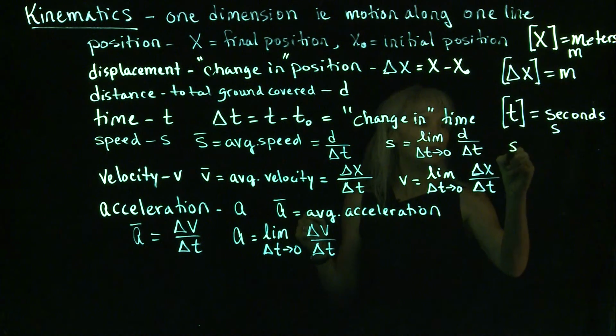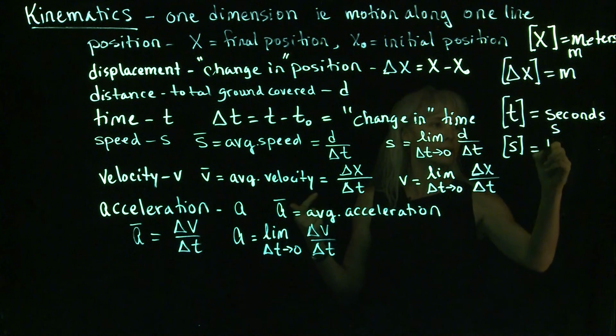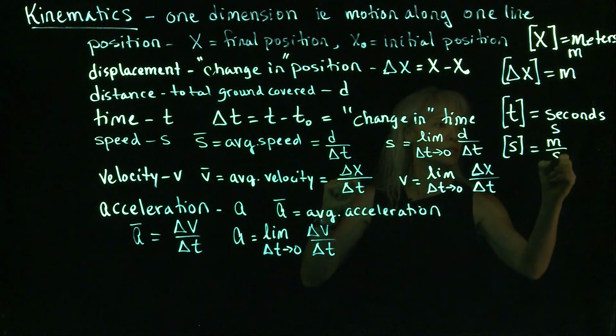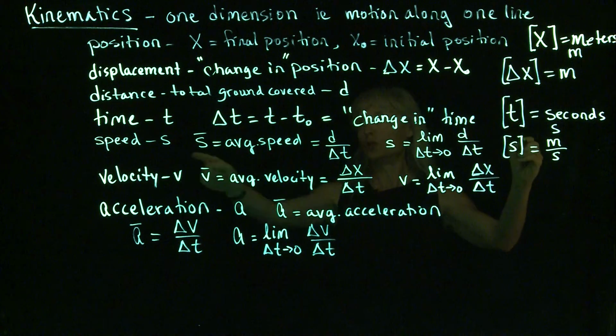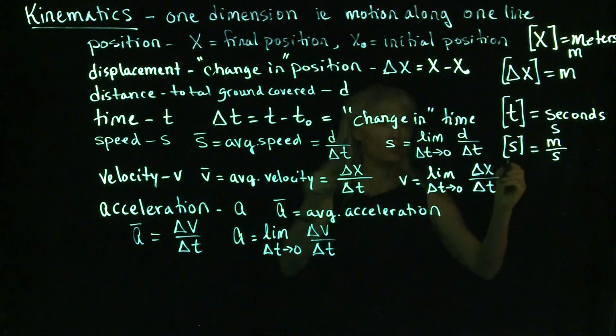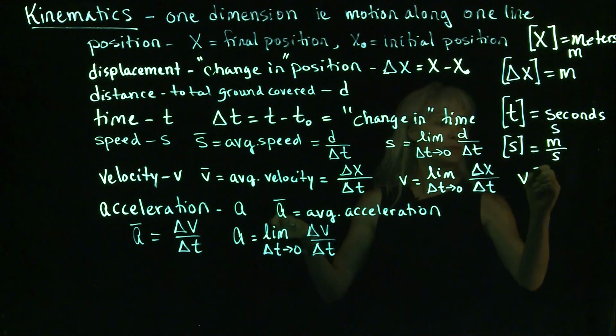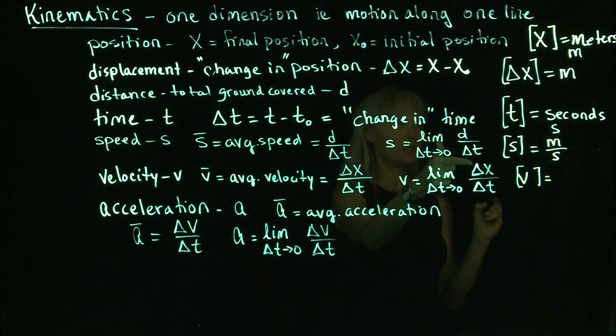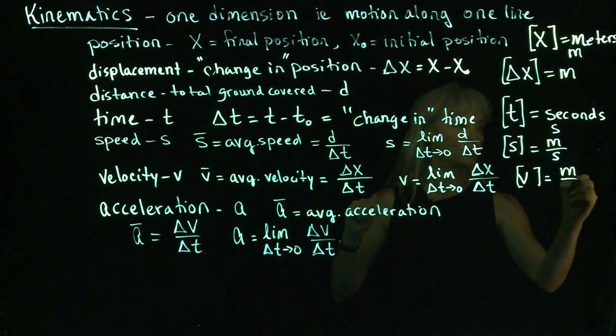What about speed? The units for speed are going to be distance. Distance is going to be expressed in meters, divided by time, time is expressed in seconds. So the units we're going to be using for speed, meters per second. What about velocity? What kind of units are we going to have for velocity? Well, displacement, which is in meters, divided by time, which is in seconds, again, meters per second.